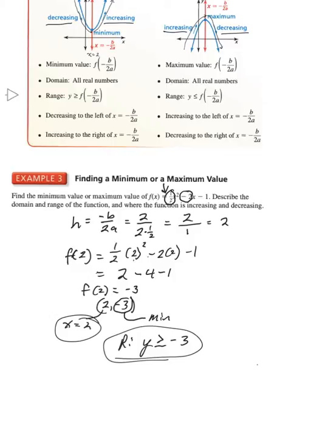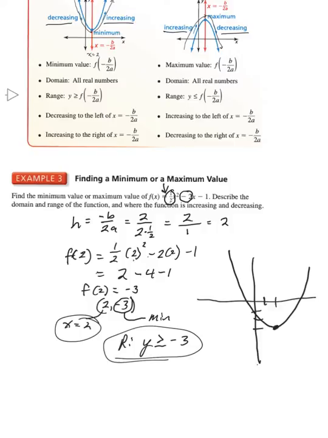We have a parabola that has a vertex at (2, -3), something like this, and we know that it goes up because of the positive coefficient in front of the x-squared term.